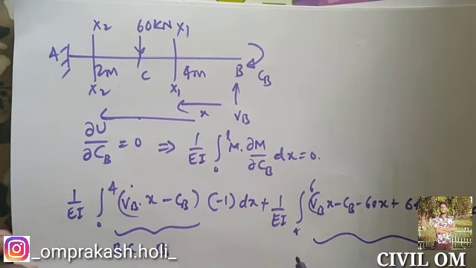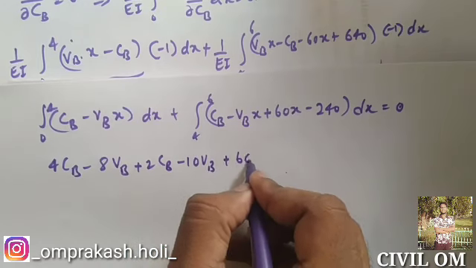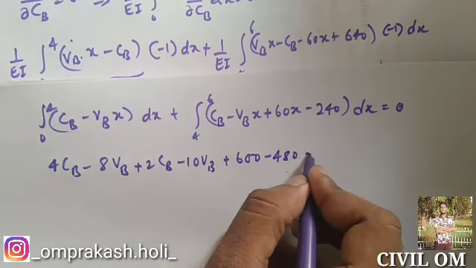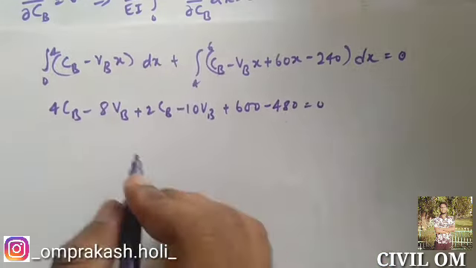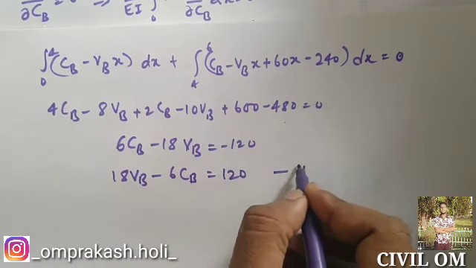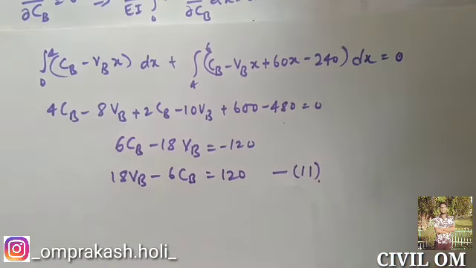So 4 CB minus 8 VB plus 22 CB minus 10 VB plus 600 minus 480 is equal to 0. So 6 CB minus 18 VB is equal to minus 120, so 18 VB minus 6 CB is equal to 120. We have rearranged it. Now this is our second equation.